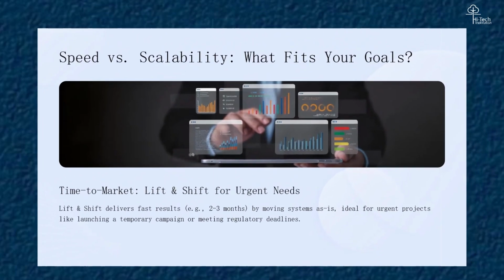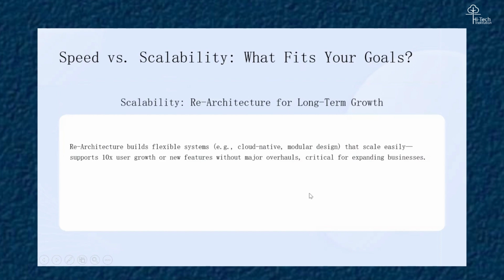You don't want to do any R&D, you don't want to change anything inside the same exact legacy infrastructure, you just want to replicate. In these kinds of scenarios, we go this way, as I mentioned here, like launching temporary campaigns or meeting regulatory deadlines. And scalability.